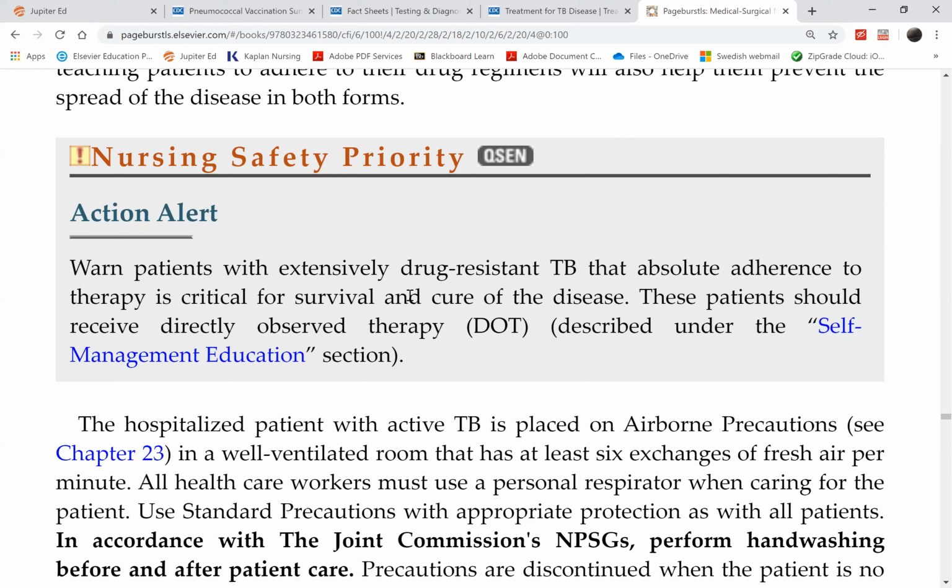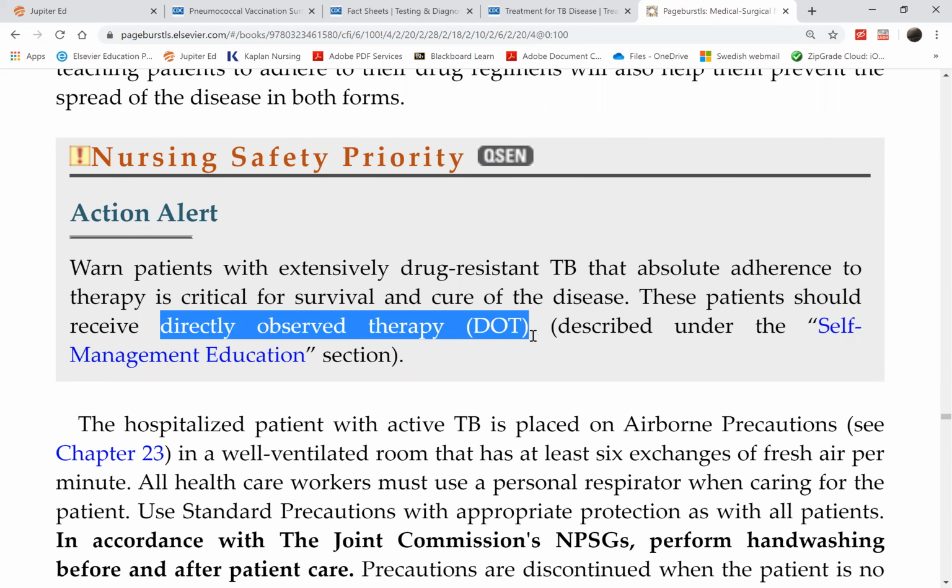So of course, we won't threaten them. We just talk to them, as best we can, that it is very dangerous, or you have to take these. They'll be put under directly observed therapy. This was originally developed in the third world countries, wherein they take their medications and swallow them in front of a caregiver, to make them more compliant.